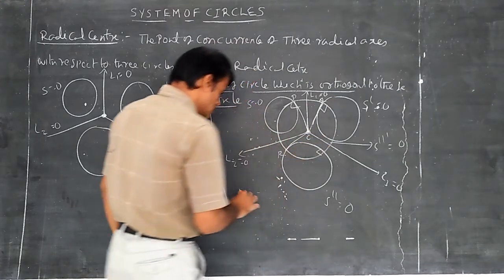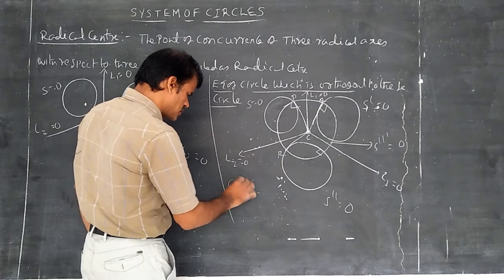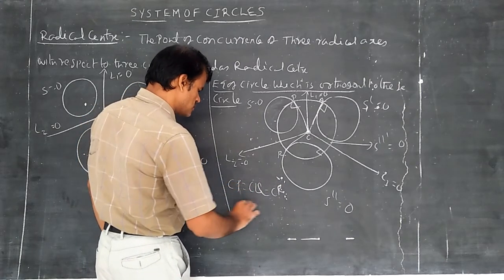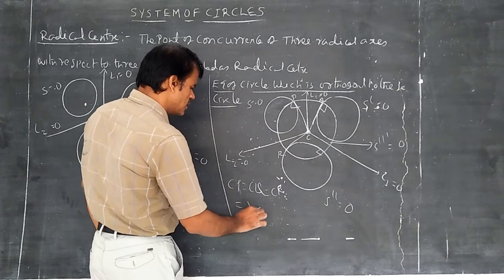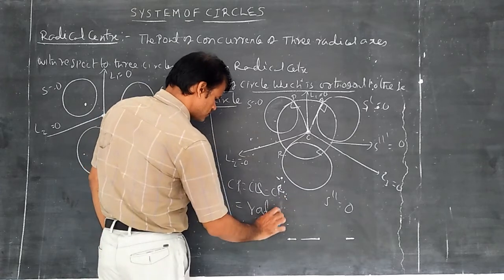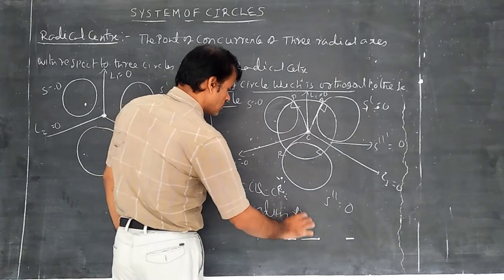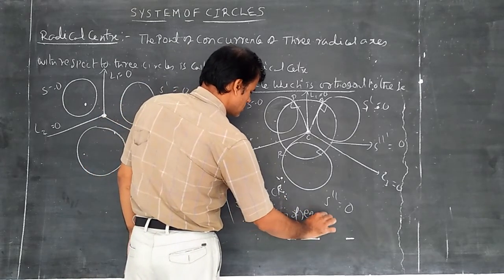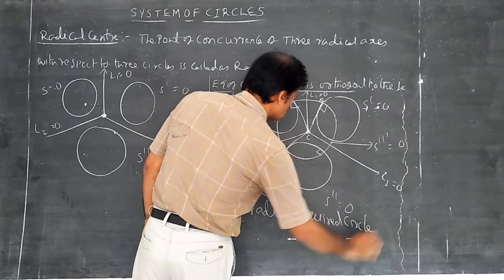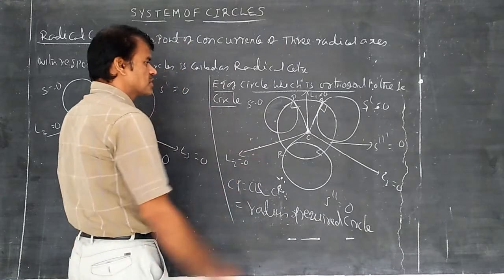This is C. CP is equal to CQ is equal to CR is equal to the radius of the required circle.